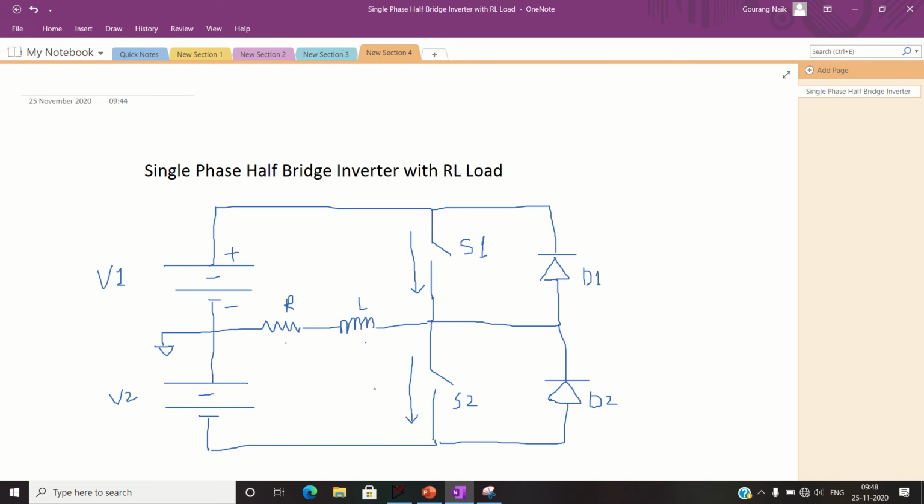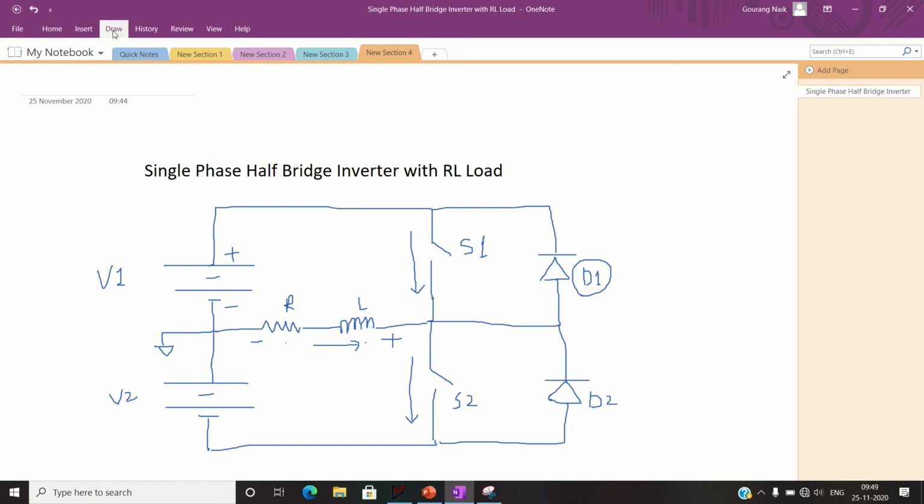But sometimes what can happen is that during the V1 period, when you have a positive output voltage, there may be a negative current. That means the voltage across your load will be positive, but the current that is flowing could be in the reverse direction. So during that time, this diode D1 will be helpful to pass that current.